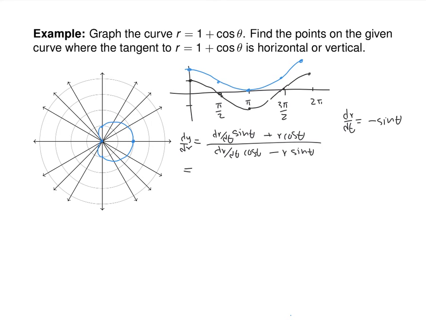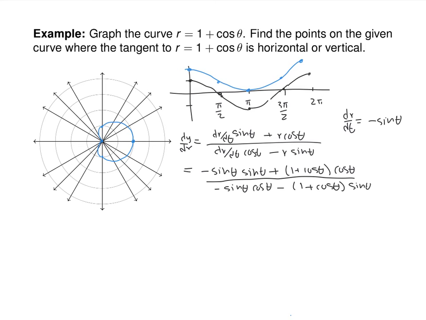So we have negative sine of theta times sine of theta plus r, which is 1 plus cosine of theta, times cosine of theta, over negative sine theta times cosine of theta minus quantity 1 plus cosine of theta times sine of theta.